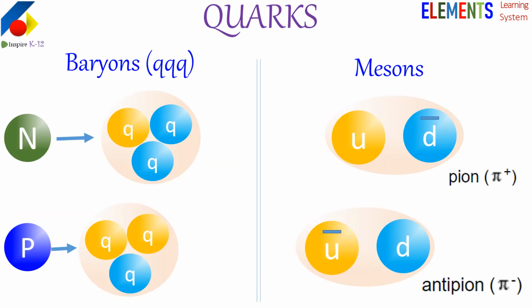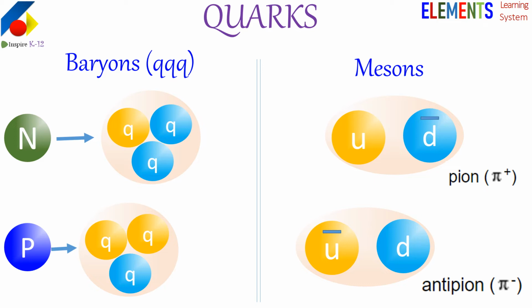The quarks, as we said, are social particles. They always join together to form other particles. They don't necessarily always join in 3 quarks. If they join in 3 quarks, this category we call baryons, like neutrons and protons. But they join in 2 as well.